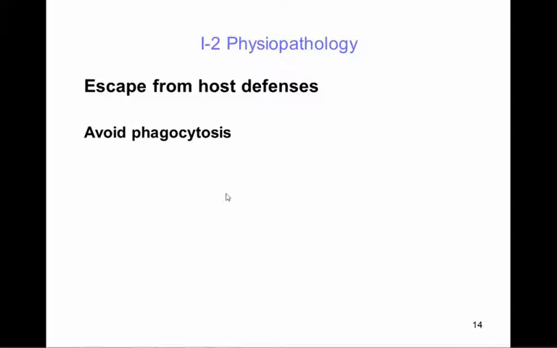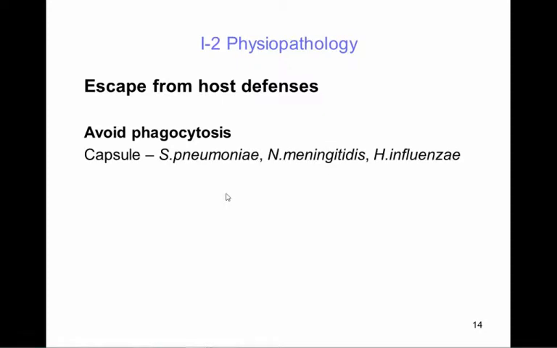So one of the big strategies that pathogenic bacteria use is to try and avoid phagocytosis, to try and escape from being eaten. And this is very often the function of the capsule antigen. Neisseria, Streptococcus, Haemophilus influenzae are all bacteria that have a capsule, and strains that do not have a capsule are generally less pathogenic.